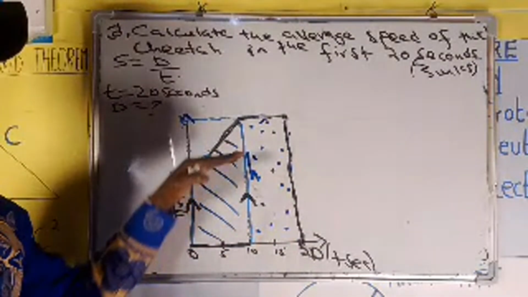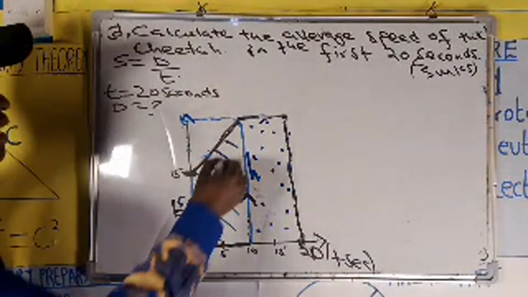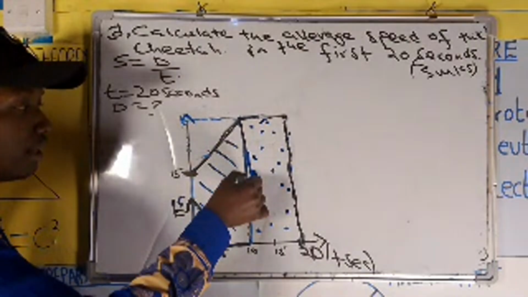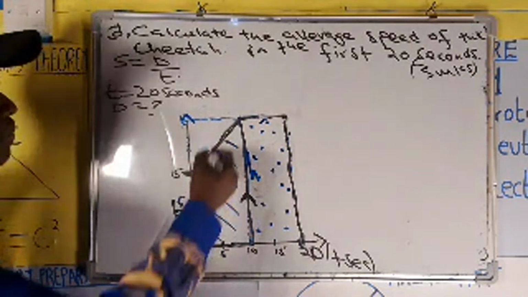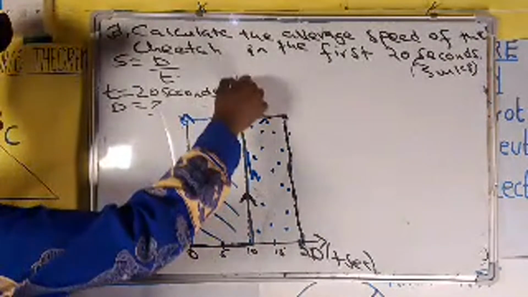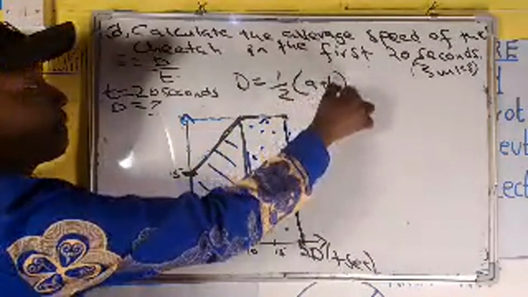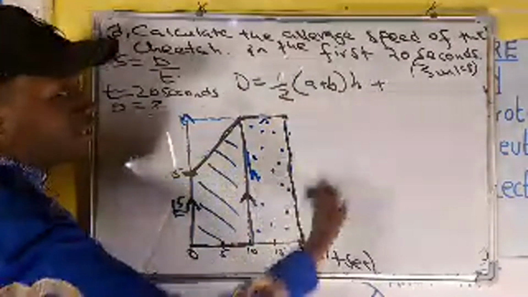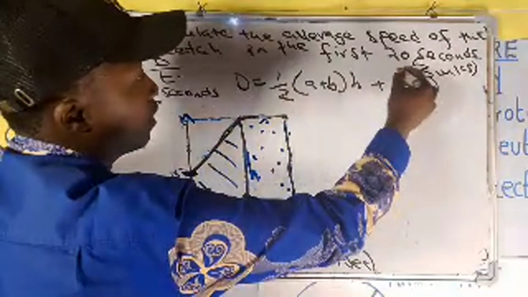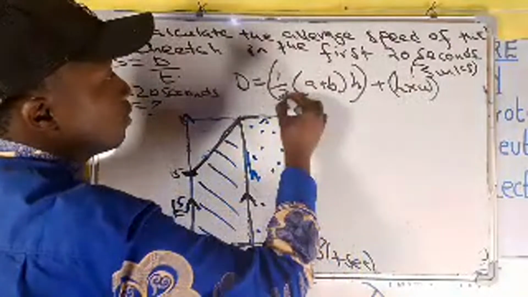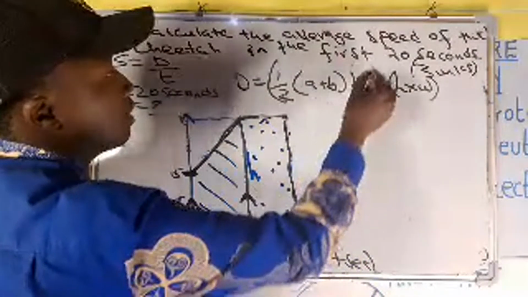The distance is equivalent to the area bounded. So if you check this clearly, this one here is a trapezium. So the distance will be equivalent to the area of a trapezium plus the area of a rectangle. Let me use paradesi.